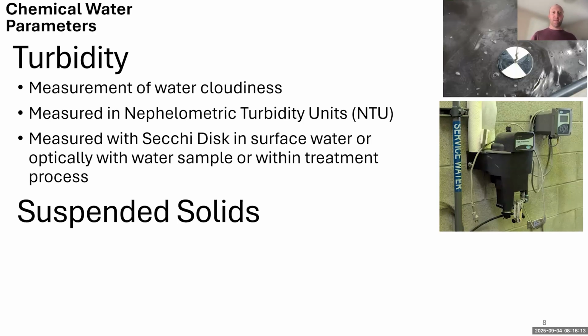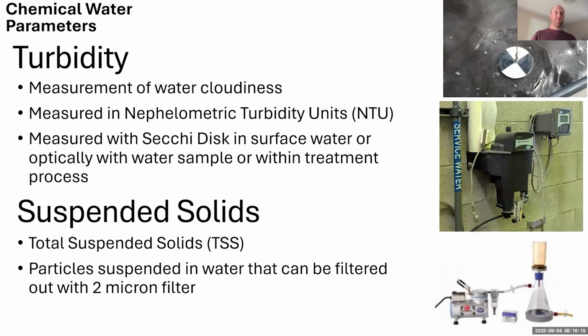So suspended solids, a lot of times you'll hear this as total suspended solids or TSS. That's when you measure it for water treatment or if you're in the field.